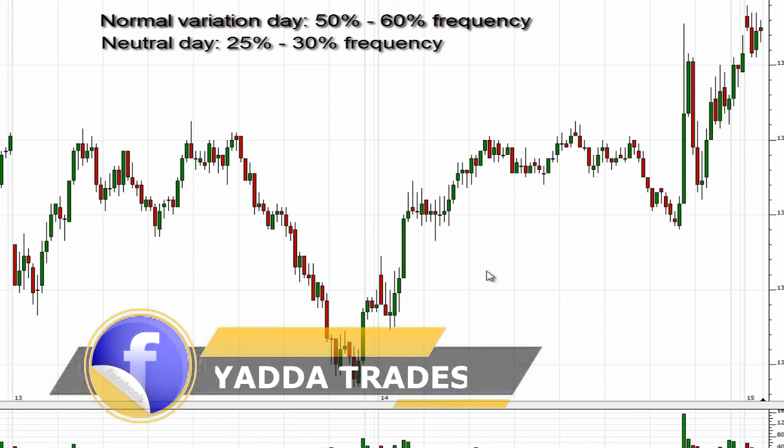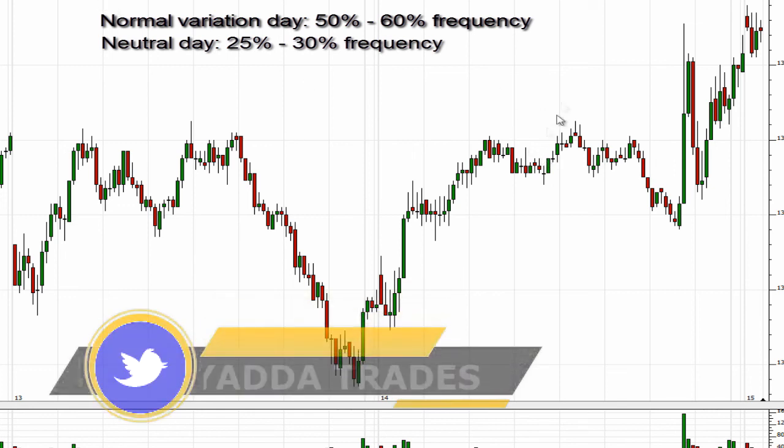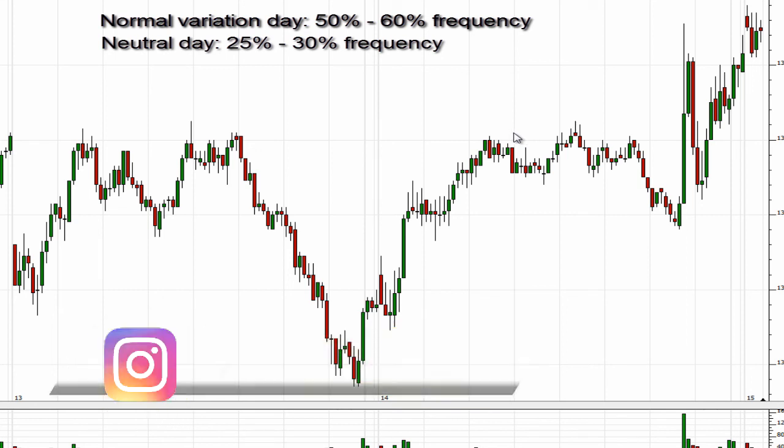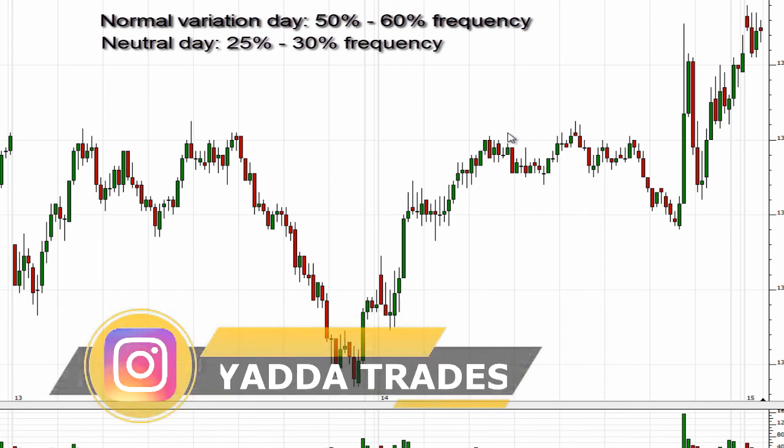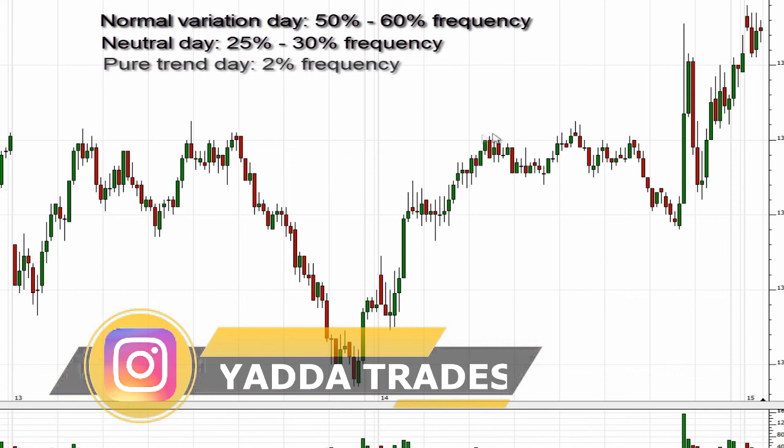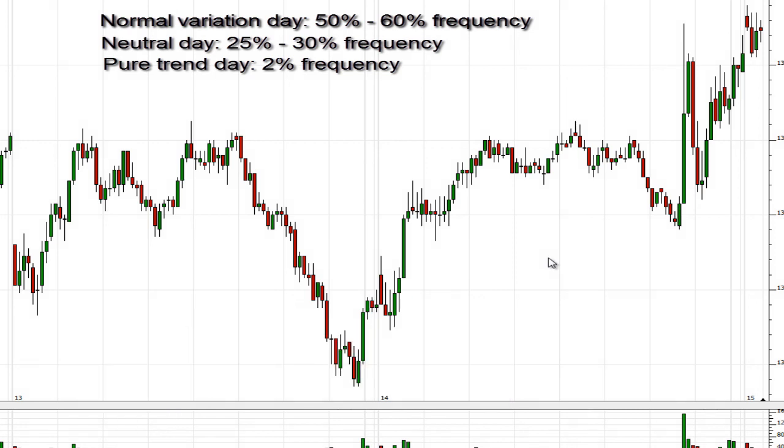The rest of the time is pretty much split up between the different types of trending days and the purely sideways balancing days. In general, the pure trend day only happens about 2% of the time, where we open at one extreme and go pretty much in a straight line to the other side. That only happens about 2% of the time.